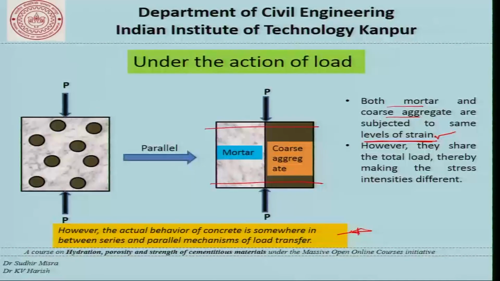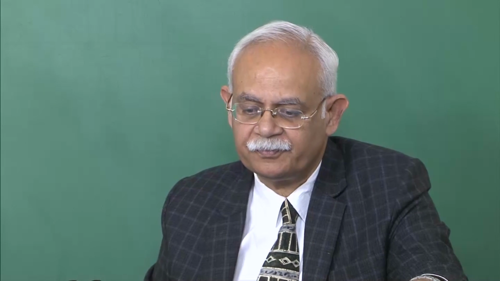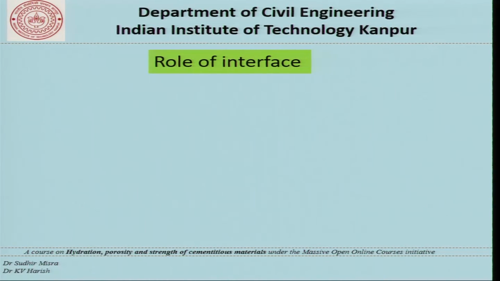But concrete in the real sense, which is this picture, is neither a truly parallel system nor a truly series system. We have an actual behavior which is somewhere in between the series and parallel mechanisms of load transfer. So this we must remember at the back of our mind when we are trying to understand the action of concrete under load. Now let's talk about the interface.